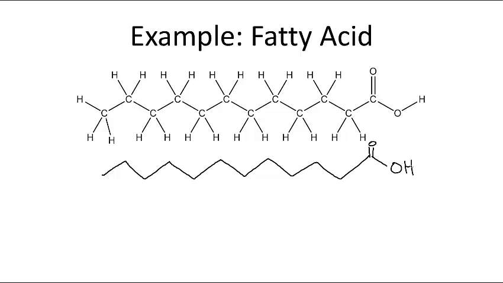And the reason this molecule is on this slide is to bring up the point that when we talk about polarity of molecules, sometimes molecules can have two different personalities. And fatty acids are an example of that. Because this end that's made of all carbon and hydrogen is almost completely non-polar.